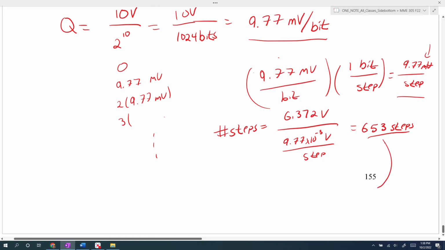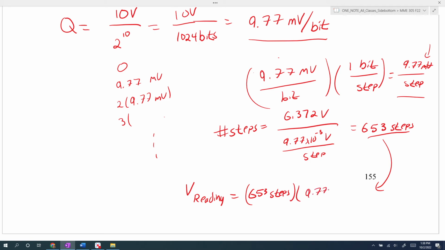The device can only measure at or below a given quantization level. So to determine the actual reading of the device, we multiply our number of steps by our volts per step. Our voltage reading is equal to 653 steps times 9.77 millivolts per step, and we end up with a value of 6.3769.